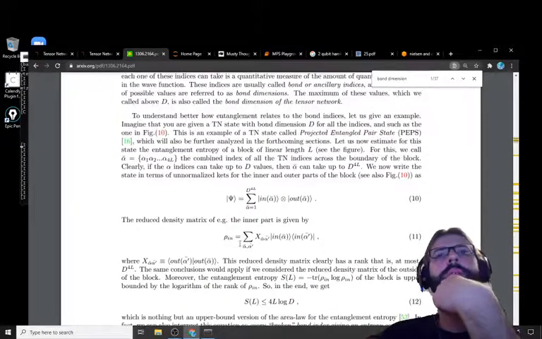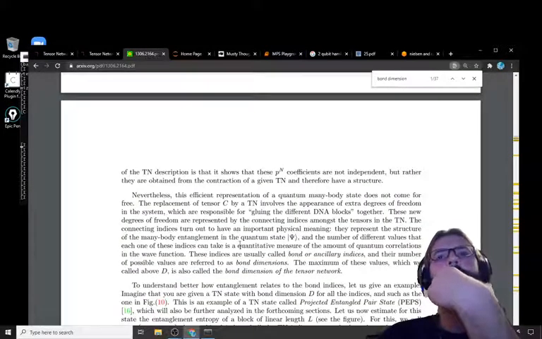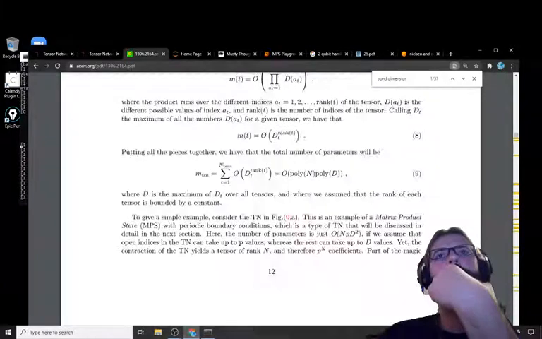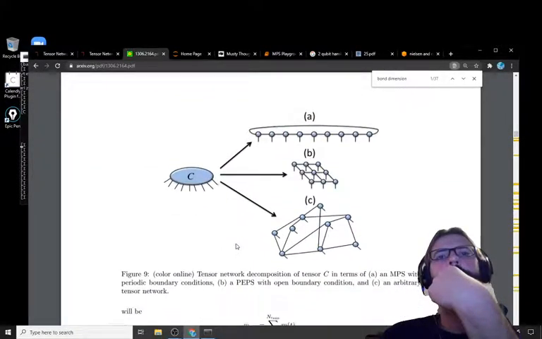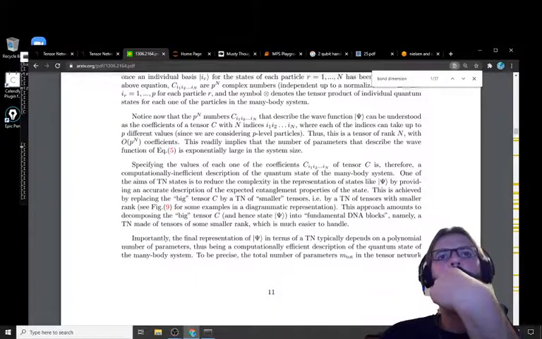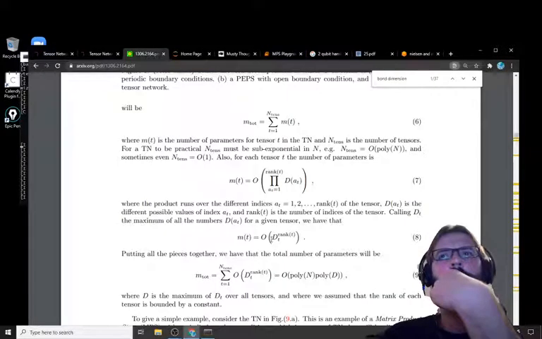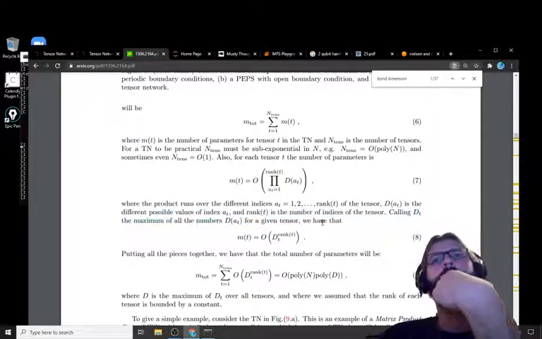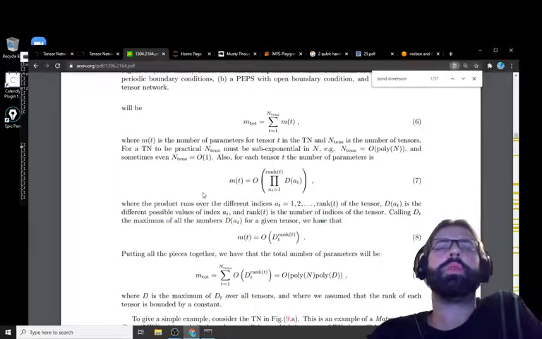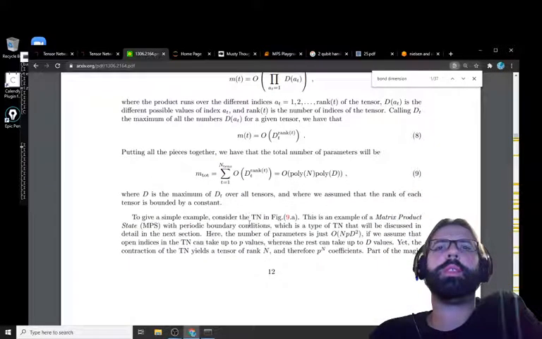So if the bond dimension is simple, the indices of the tensor... So actually it seems like by design you're already saying the way you're going to connect these indices, you're already going to define whether there's some sort of entanglement there or not.